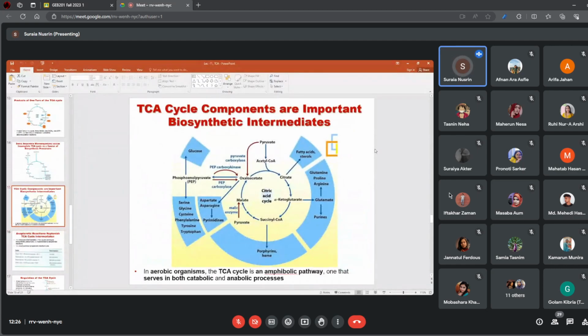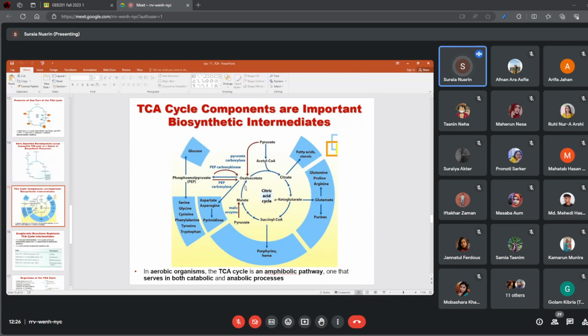Now follow the red arrow. If you follow the red arrow, you will find the anaplerotic reactions. The major compound in this pathway is obviously the oxaloacetate. If the oxaloacetate is not there, the cycle cannot start.